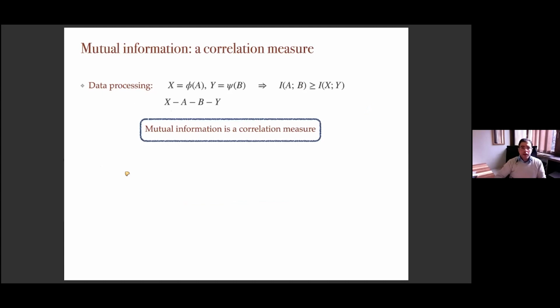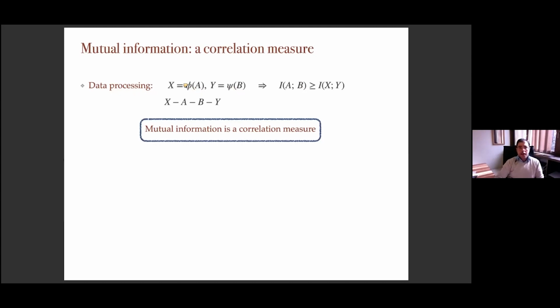What do I mean by measure of correlation? To be formal, I'm saying that a quantity or an invariant of distributions or any kind of source in information theory is a correlation measure if it satisfies the data processing inequality. Suppose I have A and B, a joint distribution, and then I apply some functions on A and B separately. Throughout the talk, you can assume that these functions are also stochastic functions, but thinking of them as functions is enough in this talk.